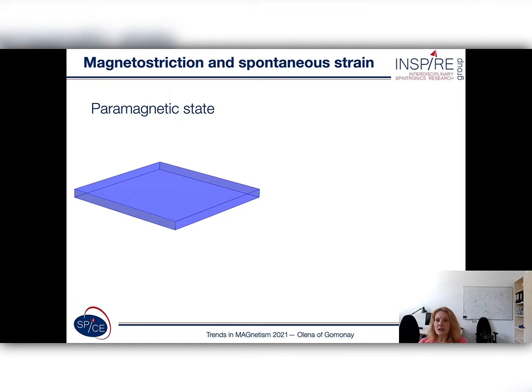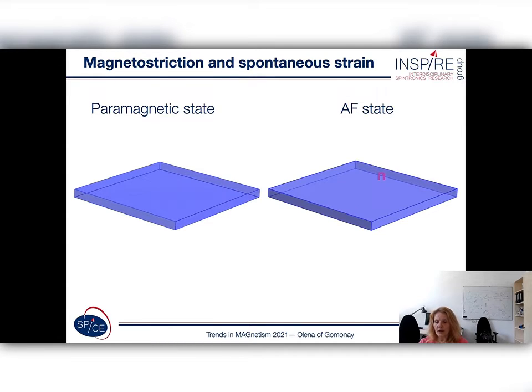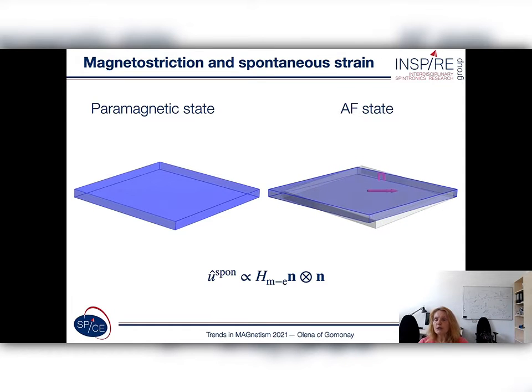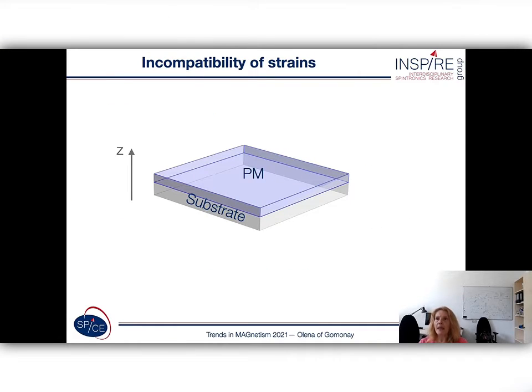So, magnetostriction is usually considered as deformation of the paramagnetic state when the system goes through the phase transition point, and corresponding strains are called spontaneous strains, and they are coupled with orientation of the Néel vector.